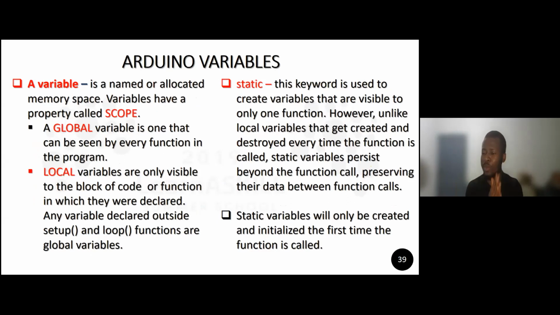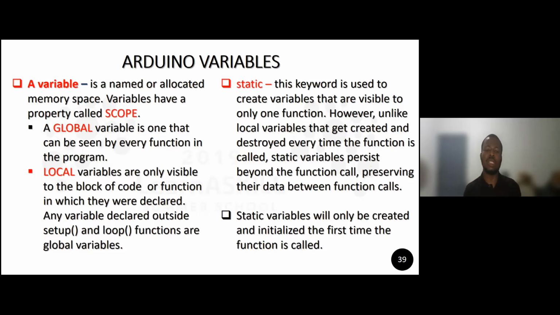It will remain in memory, okay? But when you create a local variable, so far as that scope gets out of memory, that memory is released back to the system so that the system can use it for something else, okay? So in as much as using global scope is an easy way, always try as much as possible to avoid it if there is a way to do the same thing using local scope, okay?